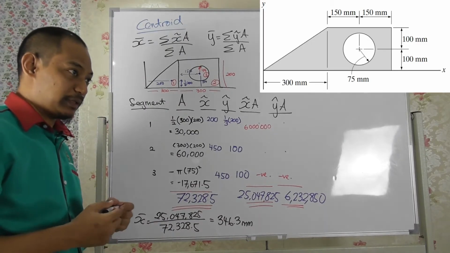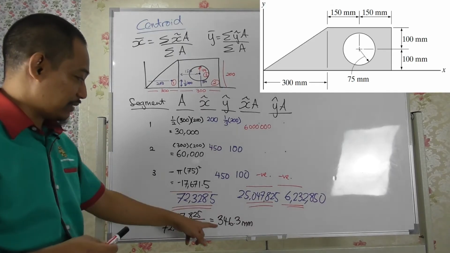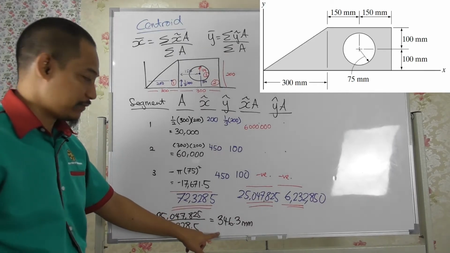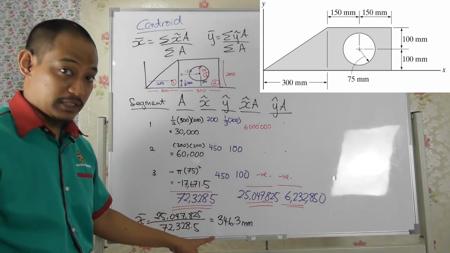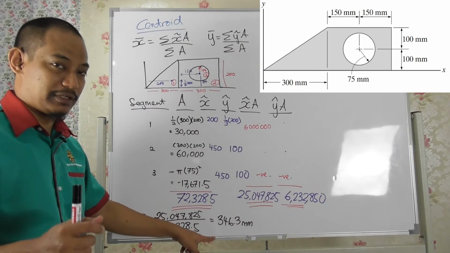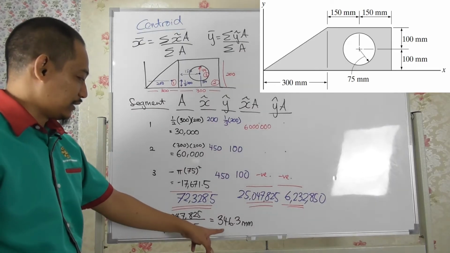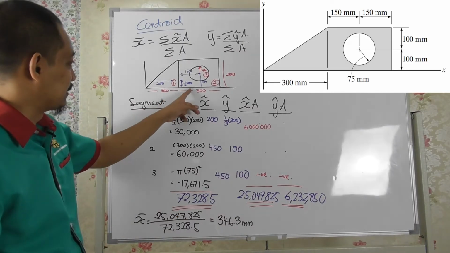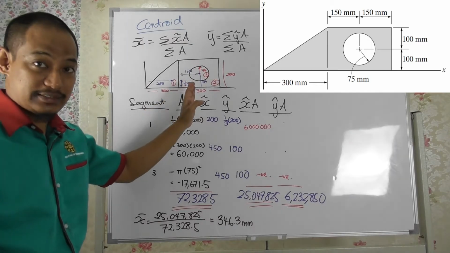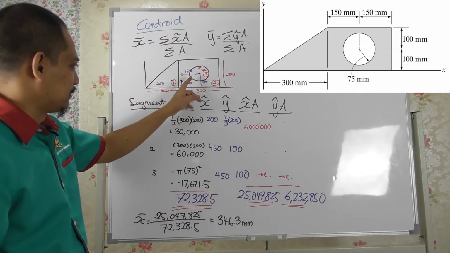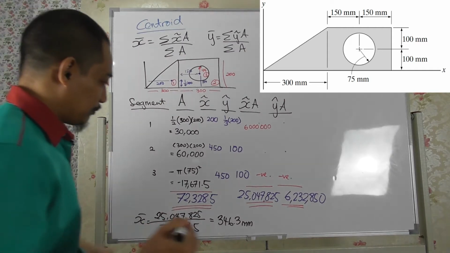Because if we make serious error, then sometimes the number already indicates that something is off. It doesn't mean that if it's logical, it's always correct, but at least we can identify if it's totally illogical, right? 346 is around here, so it's logical in that sense, because if you see the area, it's somewhat logical. What about y bar?